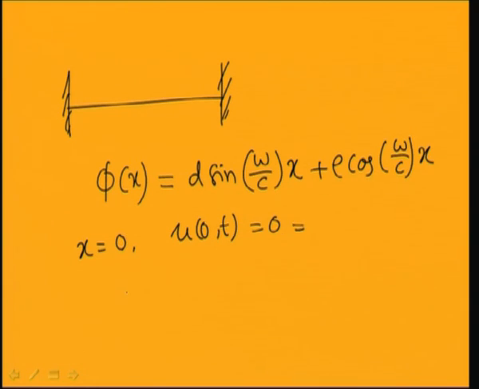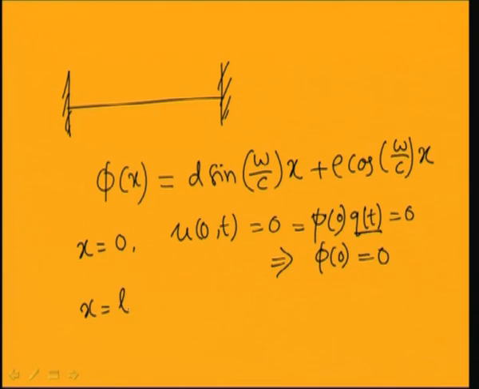So this u 0 t, I can write as phi 0 into q t equal to 0. This implies that phi 0 will be equal to 0, as q t can take any value, so q t cannot be 0. So phi 0 will be equal to 0. Similarly at x equal to L, I can write u L t.